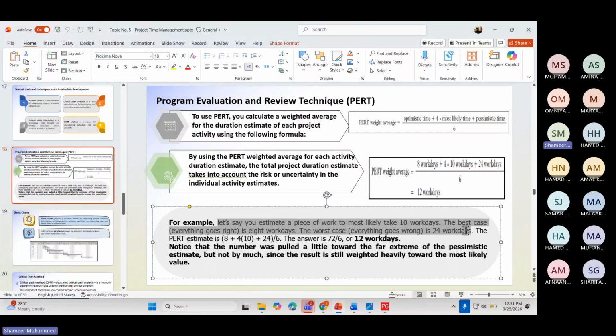For this question, they will ask you to find the weighted average value using this PERT analysis technique. Then you have to apply this formula and find the answer. Understand? So how many have you seen now? How many have you studied now?